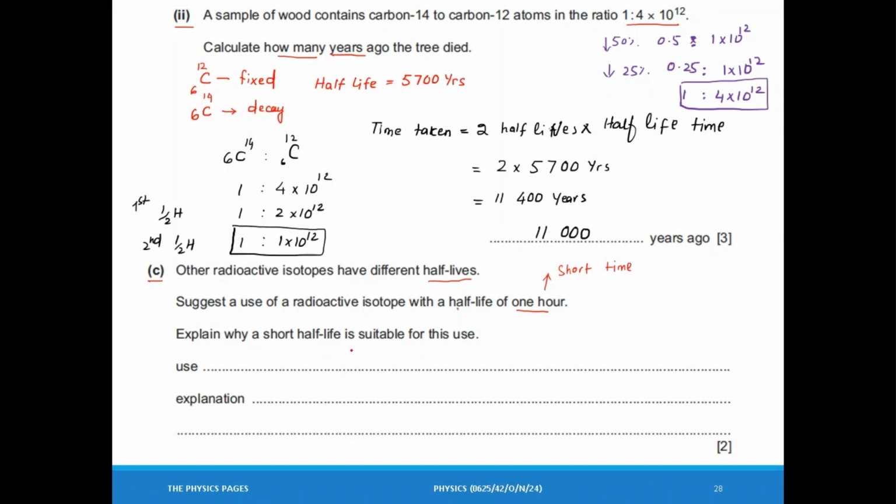Explain why a short half-life is suitable for this. So we have a radioactive isotope with a short half-life time. The use of this can be as a medical tracer, or medical imaging, or medical diagnosis.